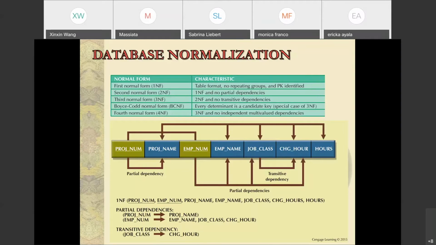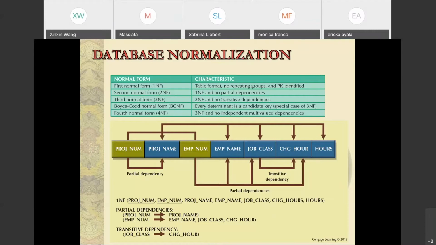Have an underline. So the project number and employee number are both the primary key, right? And then the project number is going to decide the project name, right? So it's a partial dependency, right?